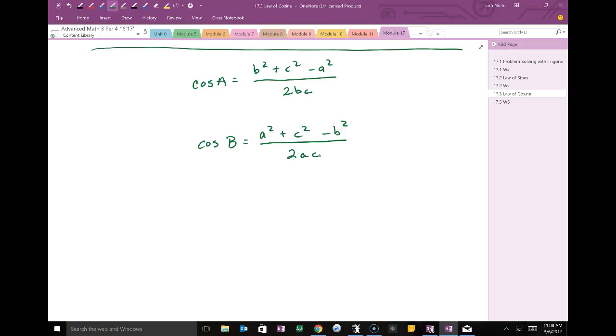They're also the ones that you divide by. If you even want to go as far as using one for angle C, a squared plus b squared minus c squared over 2 times a times b.